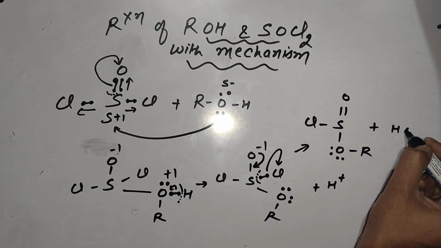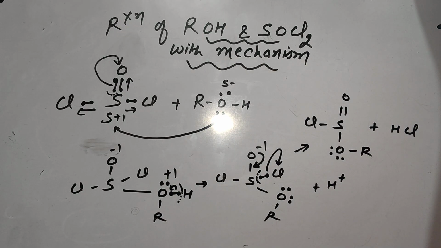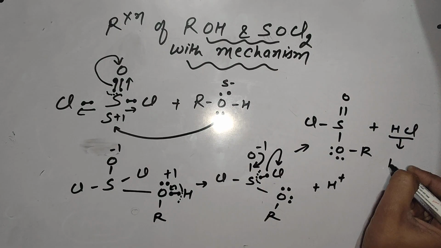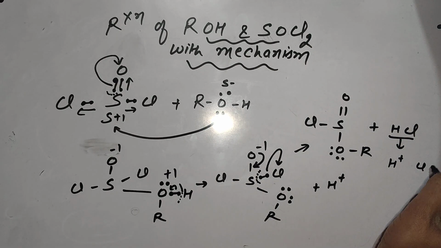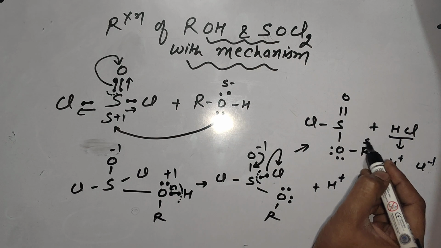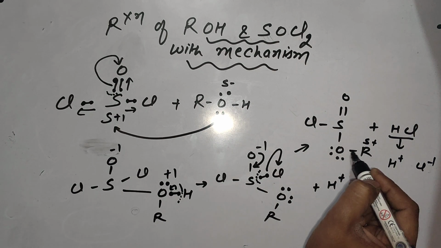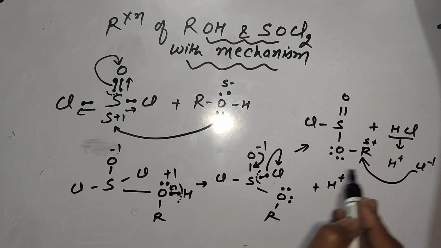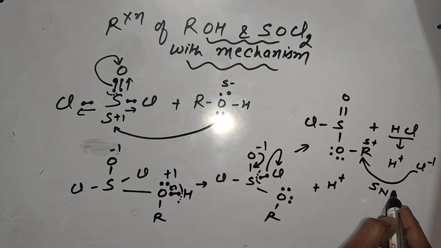and HCl. But in a previous video I also told you HCl is a strong acid, it will break out H positive and Cl negative. Now R is carrying a positive charge. Oxygen is more electronegative than R. So this Cl negative will attack from the back side of R, which we call the SN2 mechanism.